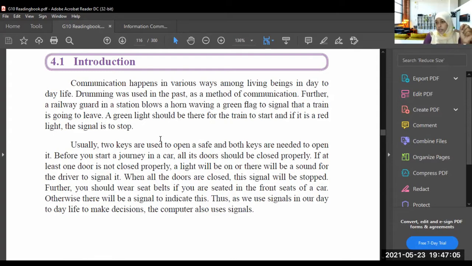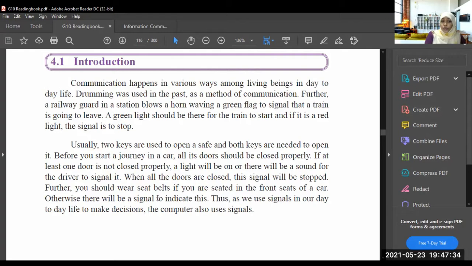On the dashboard a red light will be blinking, or sometimes an alarm sound will come from the car. So it means it is signaling that the doors are not closed properly. Or even when you don't put on the seat belts, also an alarm or a small light will be blinking on the dashboard.